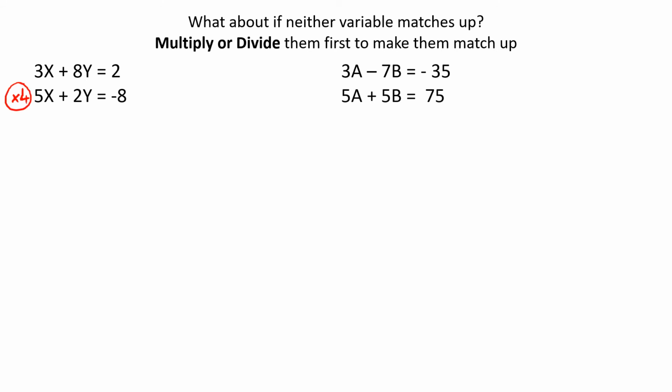Because that will give us 8y on the base, and we already have 8y on the top. It's not the only way we could have approached this. We could have multiplied them by 5 and 3 individually and got them both up to 15x, or multiplied the top one by 10 and the bottom one by 40 to make them both 80y. But you want to pick a simple way of doing it, and the simple way is to make both 8y. So let's do that.